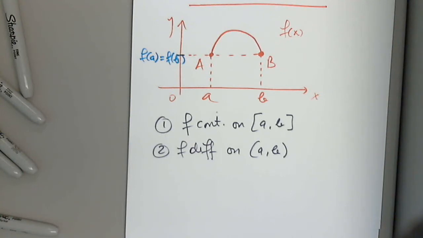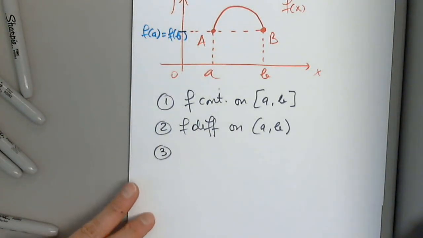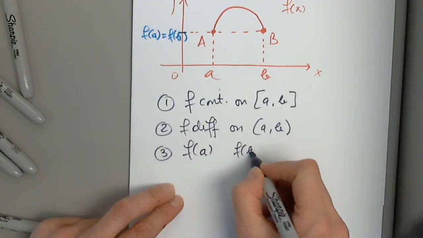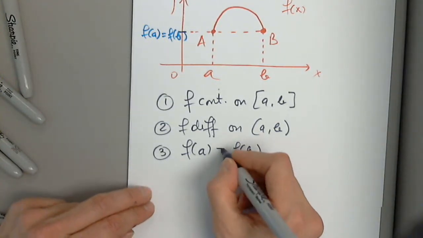I'm not saying it's not differentiable at a or b. I'm saying it doesn't have to be differentiable at a or b, so I did not use a closed interval. And condition number three, which is very clear, f of a and f of b are equal.